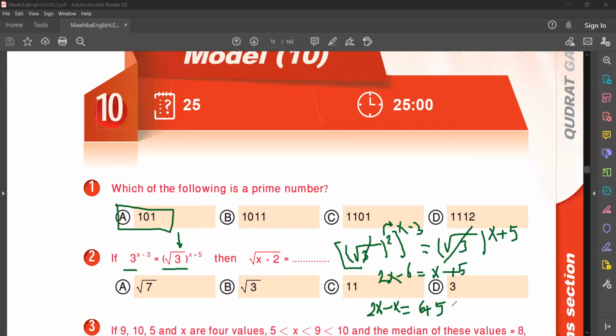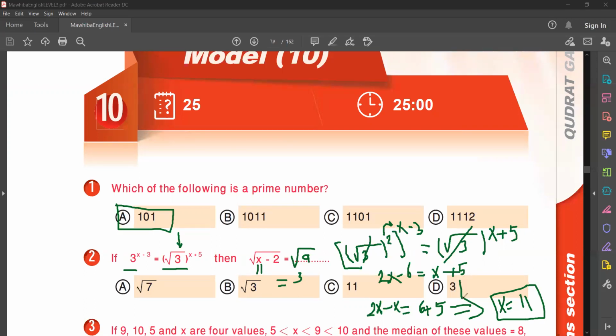So x equals what? x equals 11, right? So we find x equals 11. Now we can substitute here: 11 minus 2, the square root of 9, equals 3. So the answer is 3.